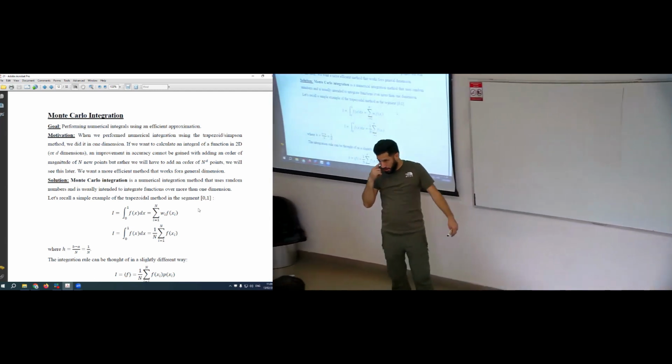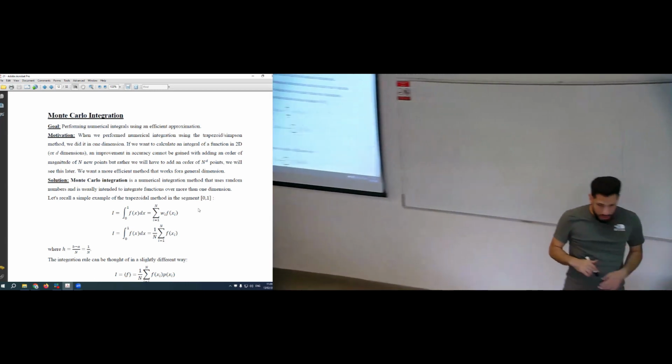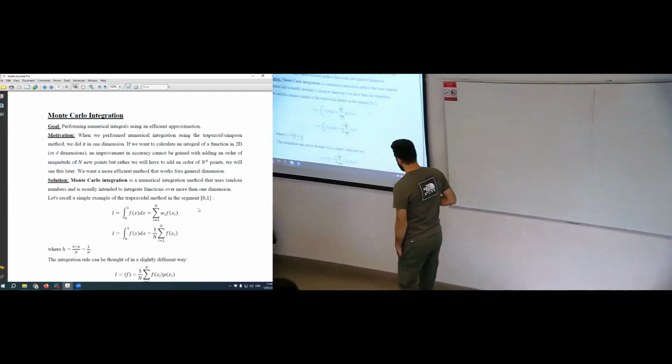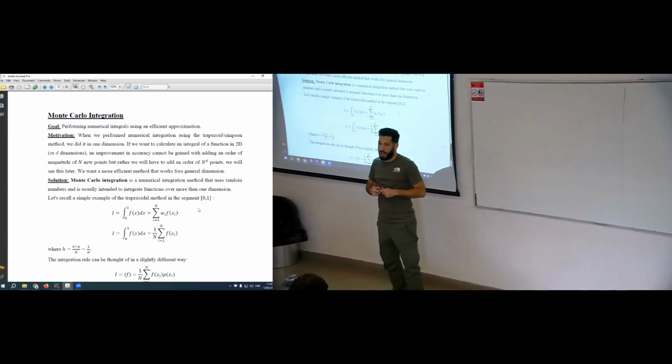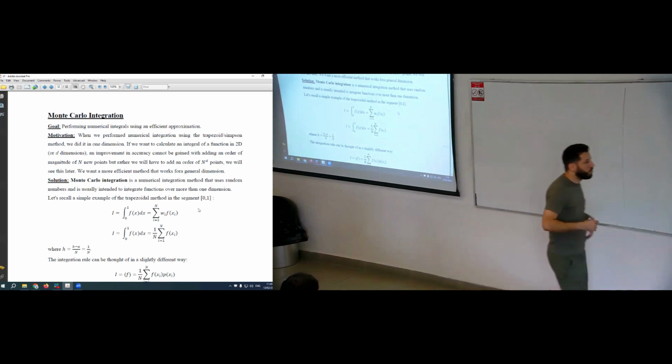Our methods are good. Trapezoidal methods are good. But when we have multidimensional integration, they're not so good. Why?